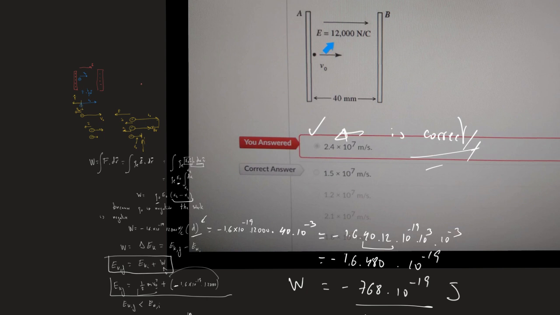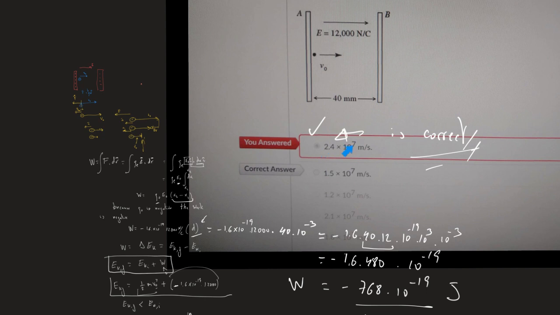It's creating an acceleration to the left. So for sure, the solution should be a velocity that is lower than the initial velocity. So maybe we can answer the question. What is the initial velocity? 2 by 10 to the 7 is the initial velocity.